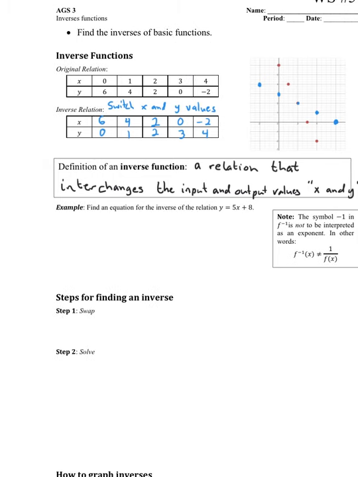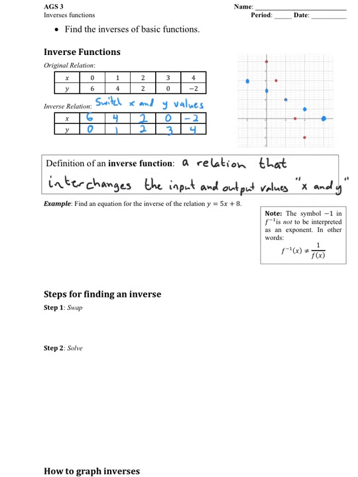So one thing to keep in mind is this could also be written in function notation. Sometimes it could be written as f of x equals 5x plus 8. Sometimes it's written as y equals 5x plus 8. It doesn't matter which way it's written, just as long as you understand that it could be written those two different ways.